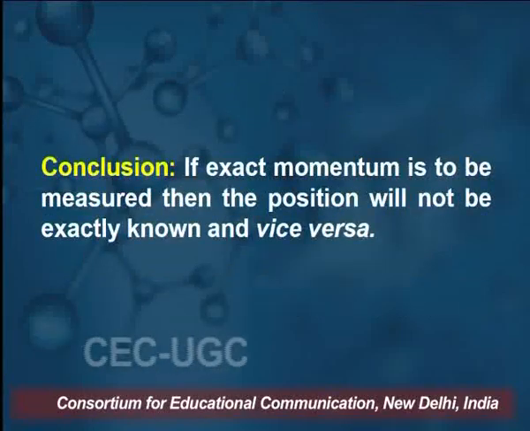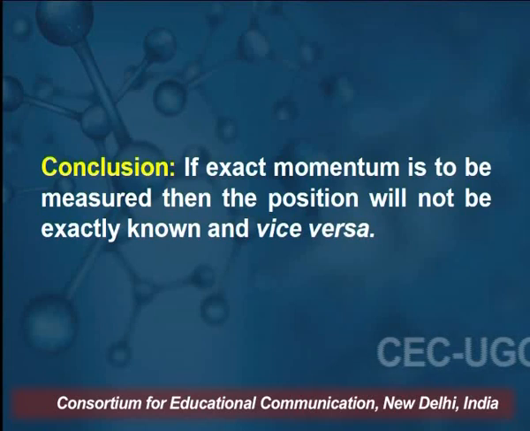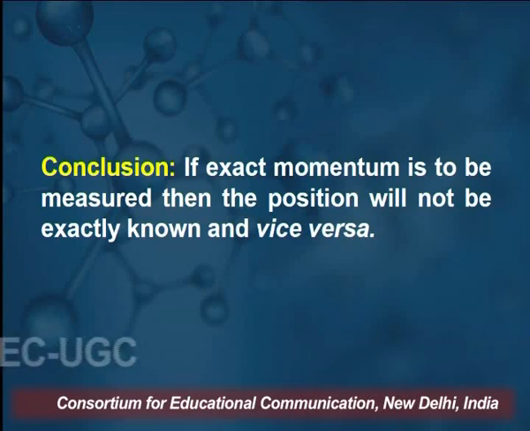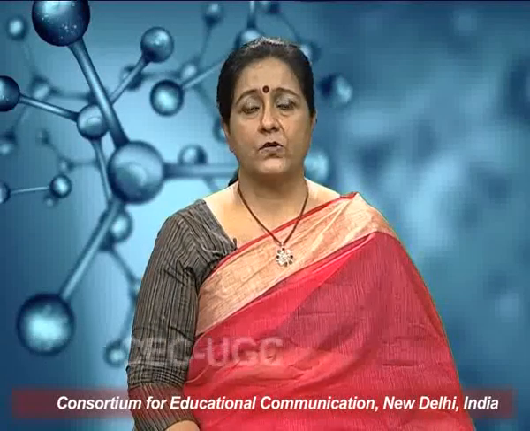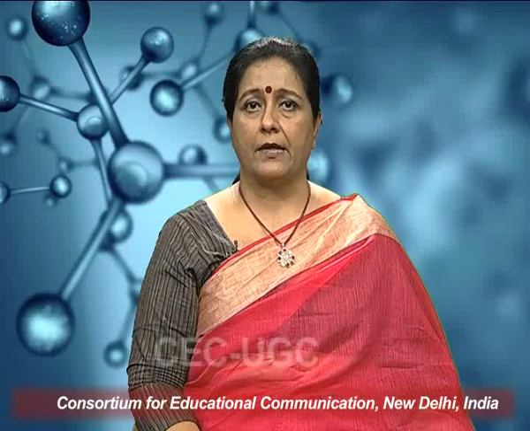So it can be concluded that if exact momentum is to be measured, then the exact position will not be known, and vice versa. Again, this was the mathematical equation for Heisenberg's uncertainty principle: delta x into delta p is greater than or equal to h upon 4 pi.